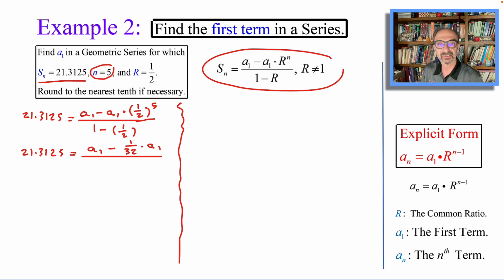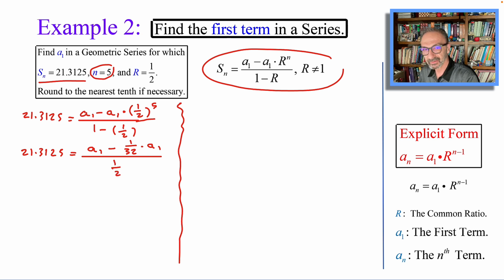You know, imagine if a sub 1 is x. Instead of saying x times 5, we could say 5x. It doesn't look right. I mean, it's fine, but it doesn't look good to write x5 instead of 5x. Same thing right here. So the number, I pulled it in the front of a sub 1 instead of after. Over 1 minus half, which is half.